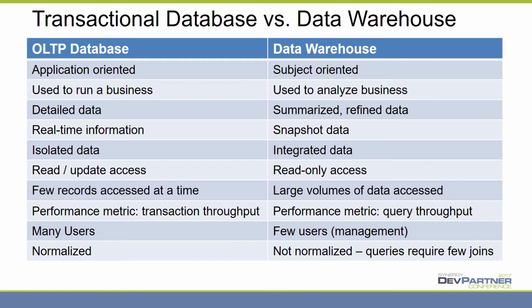The performance metric for a transactional database is transaction throughput. And in order to achieve this, you typically have a normalized database where you're looking to minimize data redundancy. In a data warehouse, the performance metric is query throughput, in which case we're not going to have normalized data. We don't care about data redundancy. We want to minimize joins so your queries are going to be as quick as possible.